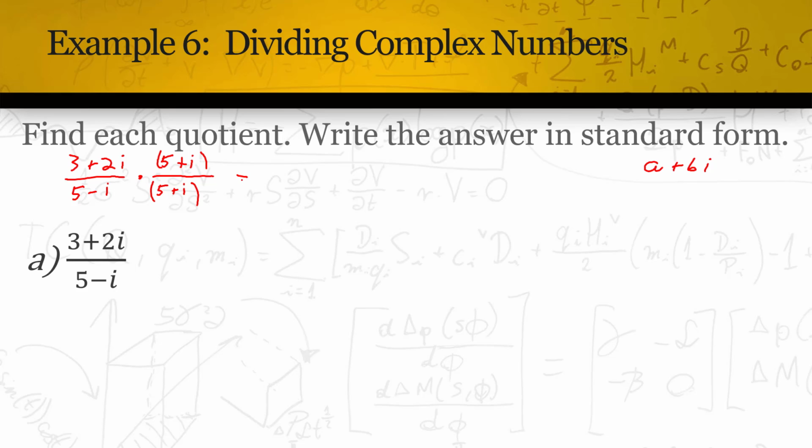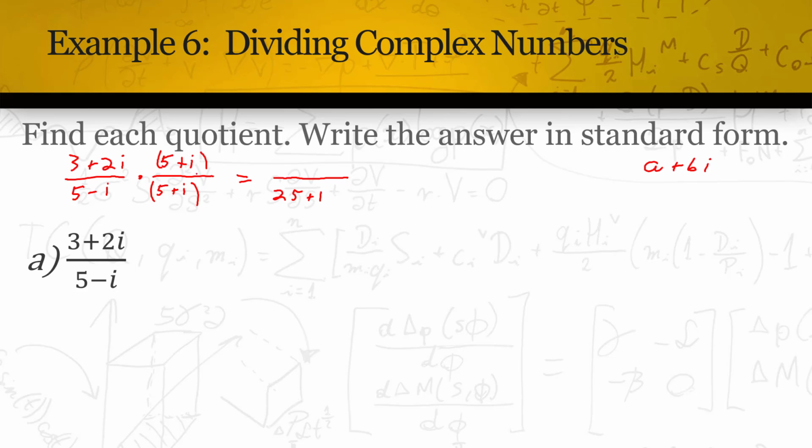Okay, now, here, in the denominator, we are multiplying two complex conjugates together. And the answer is going to be the square of the real part, which is 25, plus the square of the imaginary part, and the imaginary part is -1, square it, you get 1. And that's the denominator, which of course will be 26.